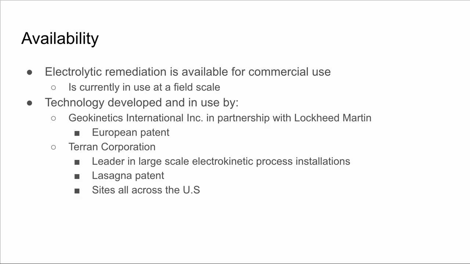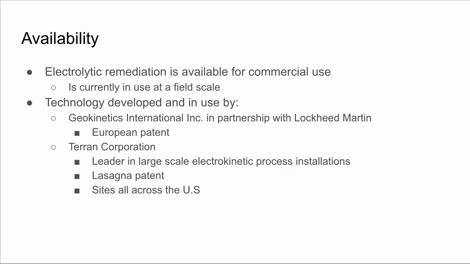prides themselves on being the leader in large-scale electrolytic process installations. They have a patent called Lasagna, which is called that because it's a series of planar electrodes. So it looks like lasagna, but vertically. So that's in use in sites all over the United States right now.